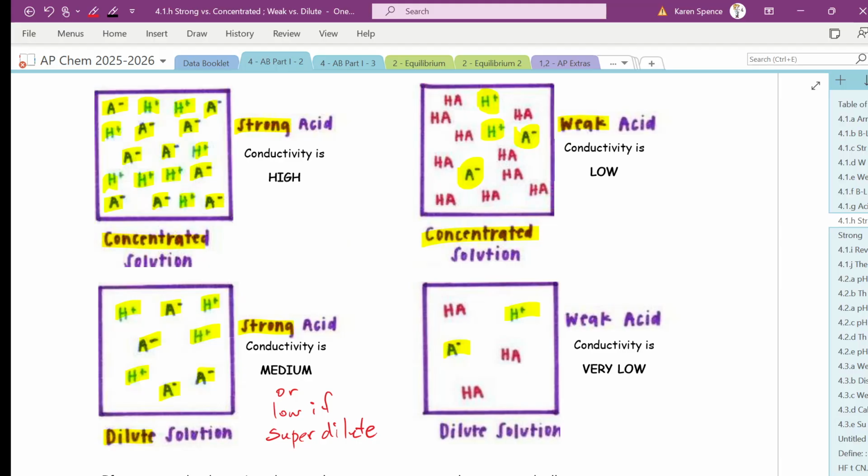Okay, so we're going to take 20 milliliters and dilute that to 40. Close enough. All right, so this is now half of that, so that's going to be 0.005 molar.